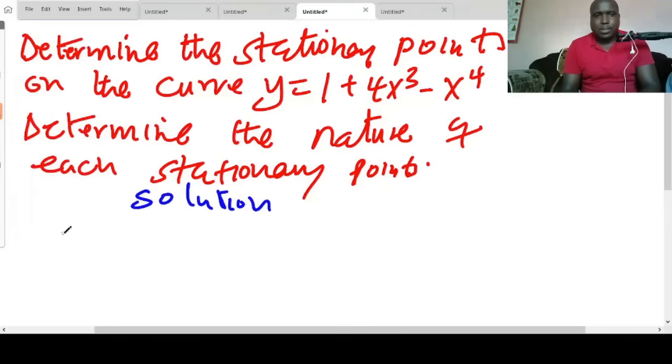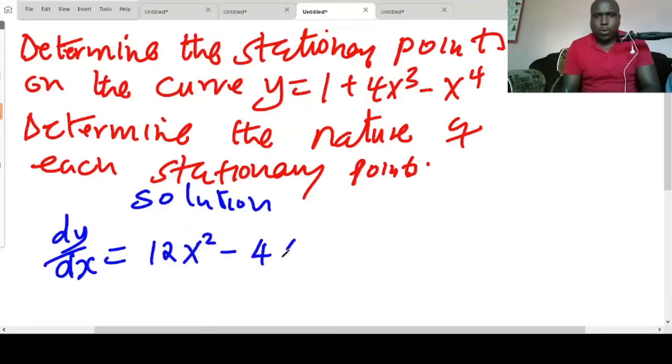So first let us find dy over dx. The 1 will be 0. So 3 times 4 will be 12x squared minus 4x cubed. That is our gradient function.